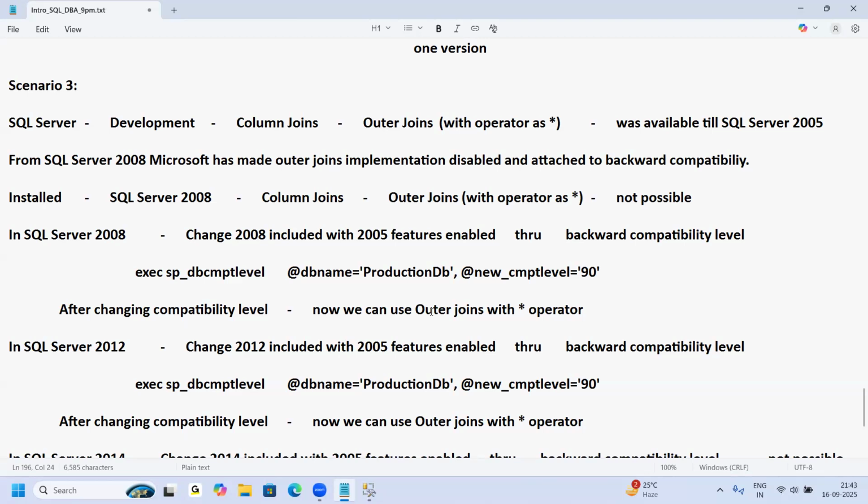SQL Server 2025 is about to release. It's not yet available, but till 2022 we have them. SQL Server 2021 is finally released, and SQL Server 2022 is still under modifications. It's not the final version released.